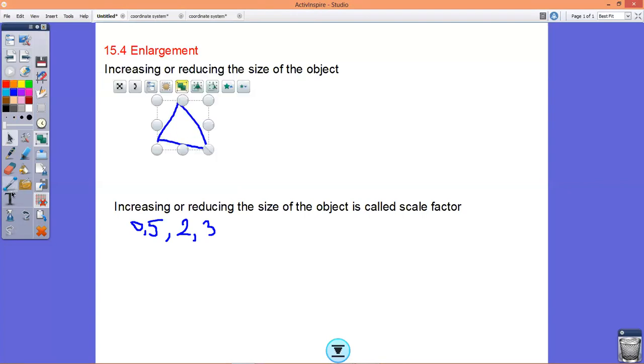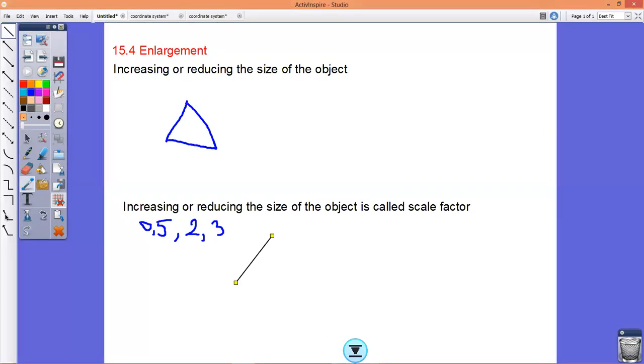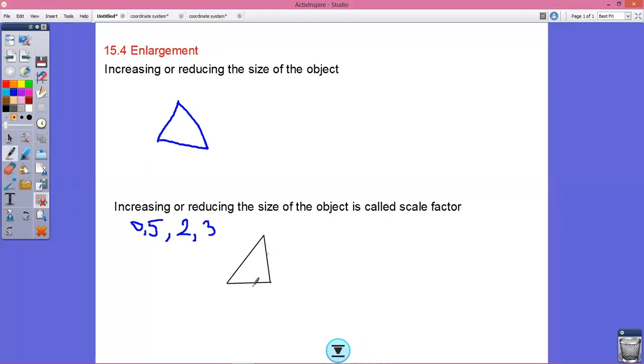Now let's say I have here a triangle. Let's say this side is 3 centimeter. Let's say this one is 5 centimeter.